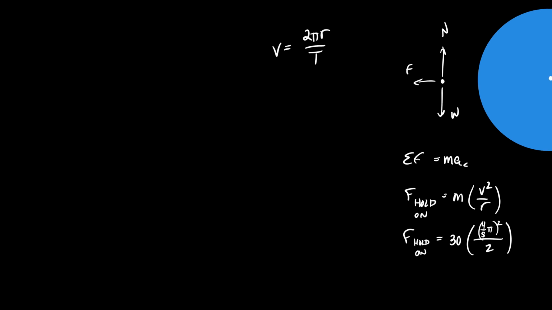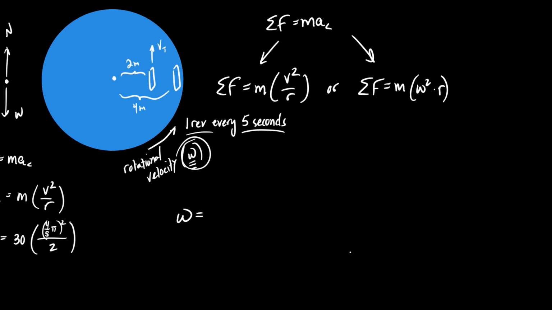But for those of you that are okay, well, we just have to take 1 revolution every 5 seconds and convert it into radians per second. I don't know how good you guys are at doing conversions. My experience has been, 50% of you do this well, and 50% of you have no idea what we're about to do.